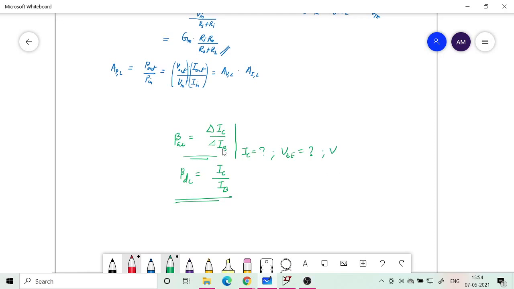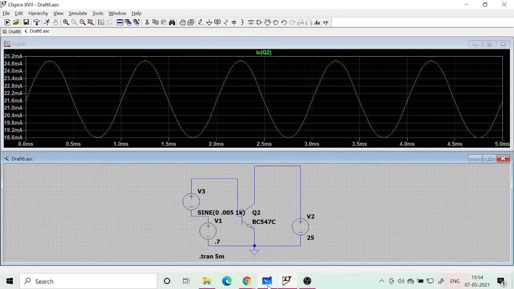If you take two voltages, that is also enough, even if IC is not given, since the other quantities are controlled by them. Under this operating point you should get the same value. In our case, what we did is 25 and 0.7.